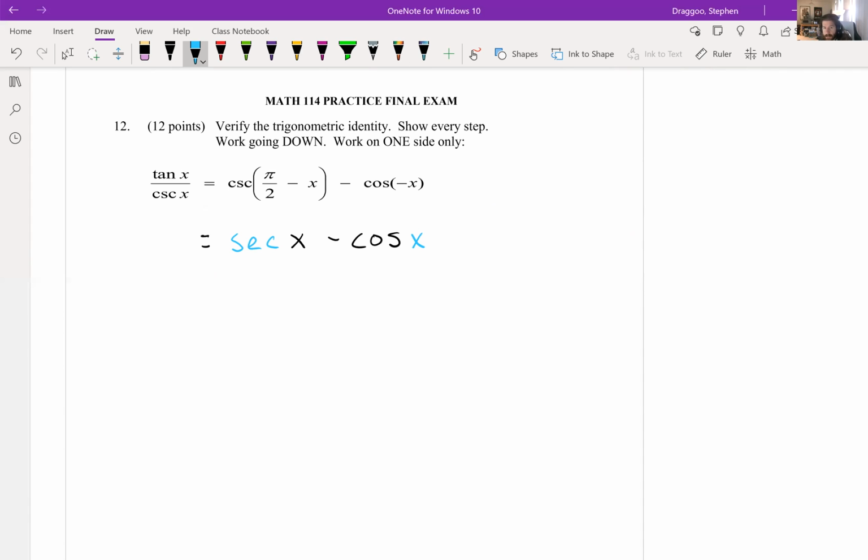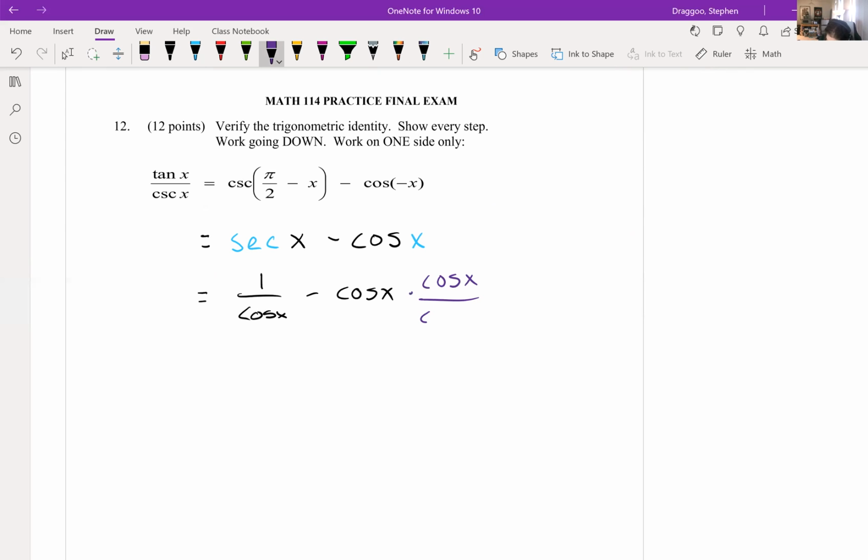All right, next, what do we want to do? I'll probably change this thing to 1 over cosine x minus cosine x. And then I'd like to get a common denominator here.